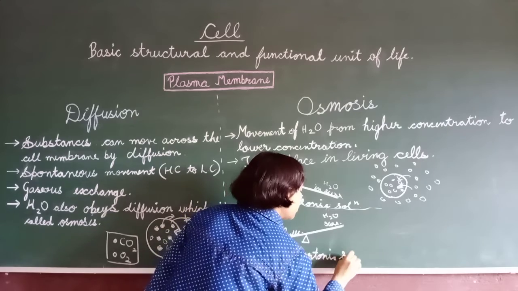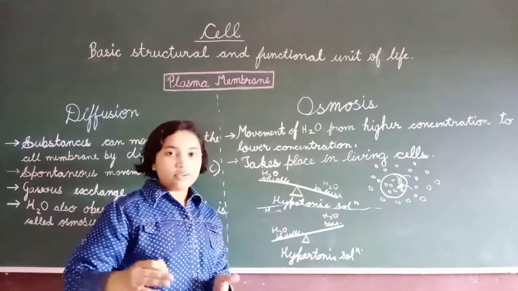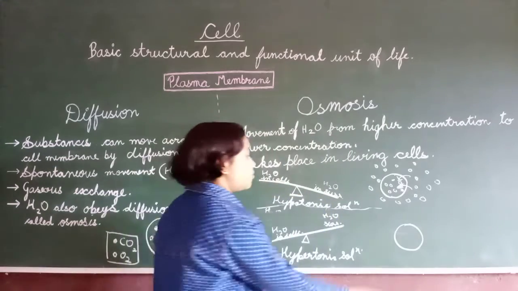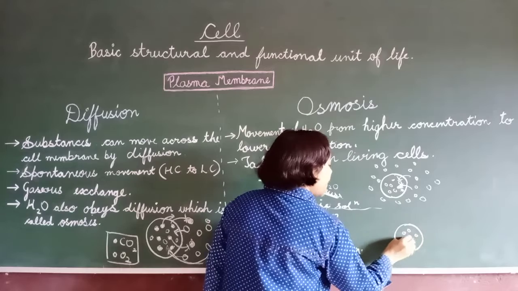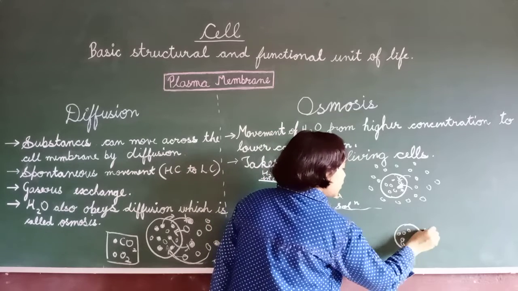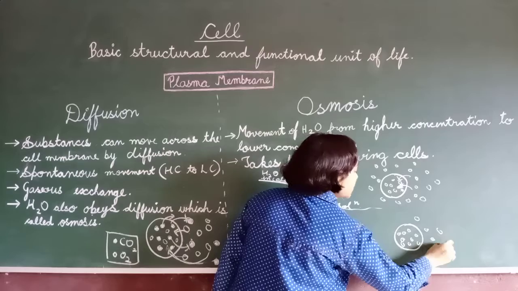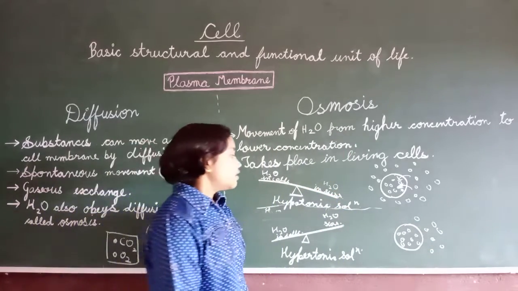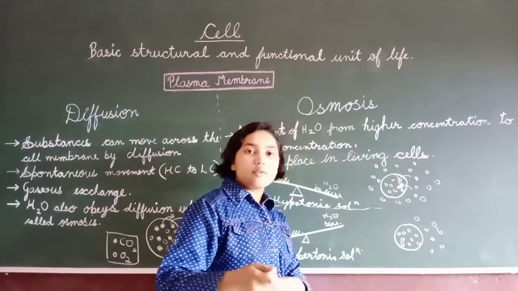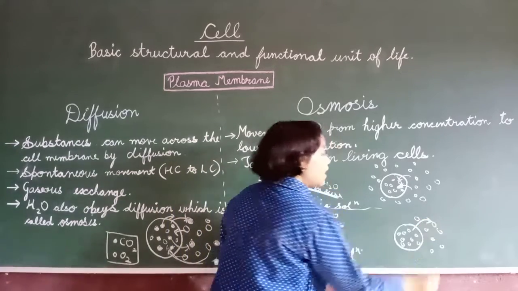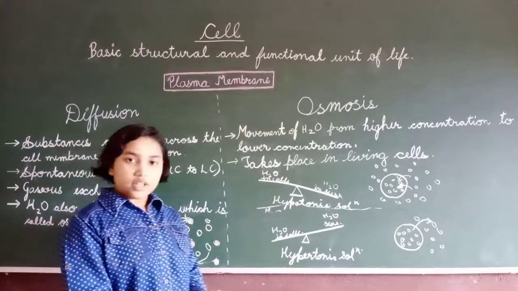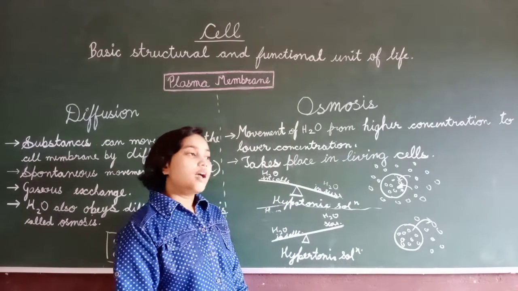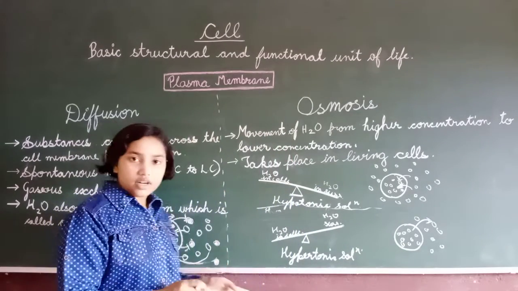Hypertonic solution. Let's understand with the diagram. Suppose this is the cell and the water inside the cell is higher than the water in the surroundings. The water in the surroundings is less than the water present in the cells. So what happens here? The molecules of the water will move outside the cell, because inside there is a higher concentration and outside in the surroundings there is a lower concentration.